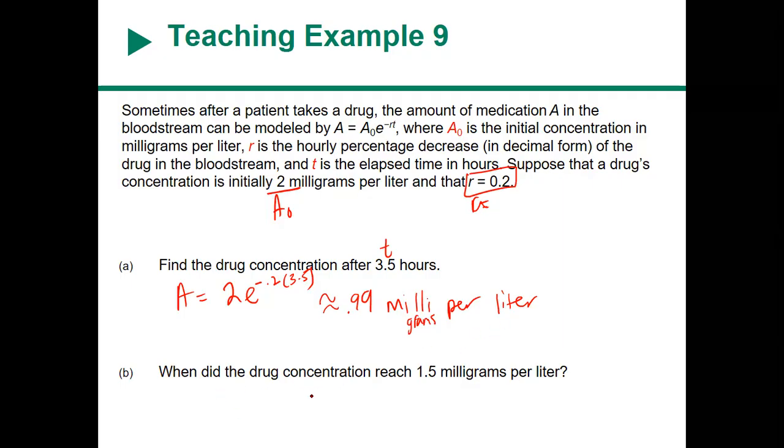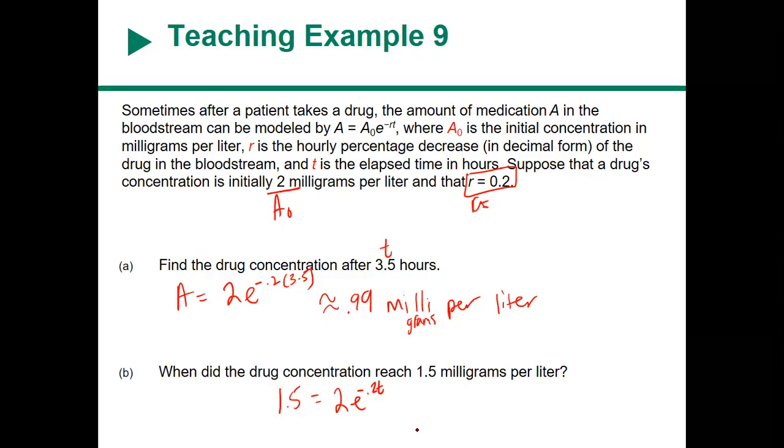Here it's asking, when did the drug concentration reach 1.5 milligrams per liter? So now we are working backwards. We're trying to find the time. So we know that we're at 1.5. We know that we have 2e to the negative 0.2, but we don't know what t is.